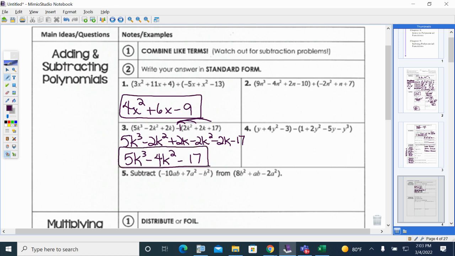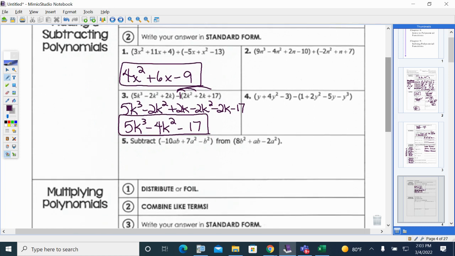On number 5, it says to subtract negative 10ab plus 7a squared minus b from 8b squared plus ab minus 2a squared. So the reason why I'm talking to you about this is because of the wordage and making sure that you do know that because you're subtracting this parentheses, this first one, from 8b squared plus ab minus 2a squared, the 8b squared goes first.